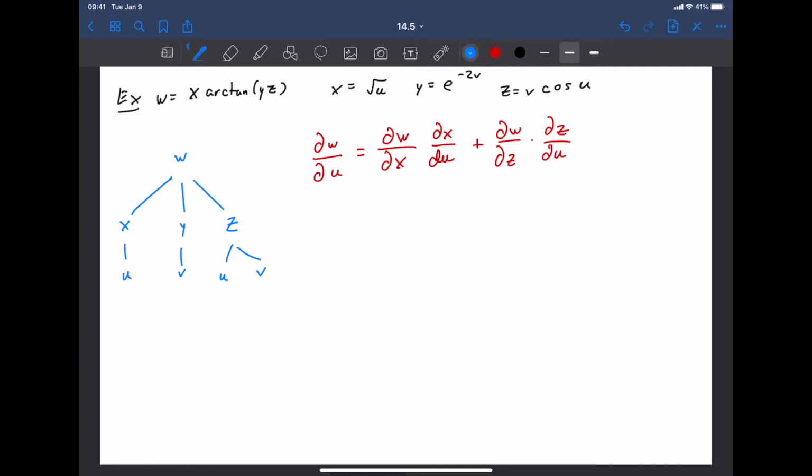Let's write down the other rule right now. This is a nice space for it. Sorry, I want to use black. Partial w, partial v. Do we want to go to x? No, there's no v's at the bottom of that branch. So instead of going through x, I'm going to skip x, go through y: partial w, partial y, times partial y, partial v, plus partial w, partial z, partial z, oh, partial z, partial v.